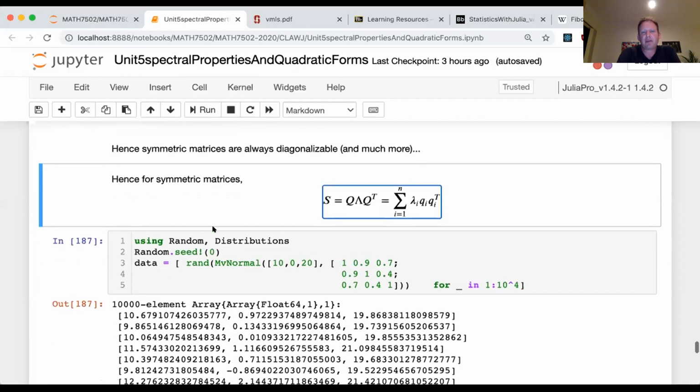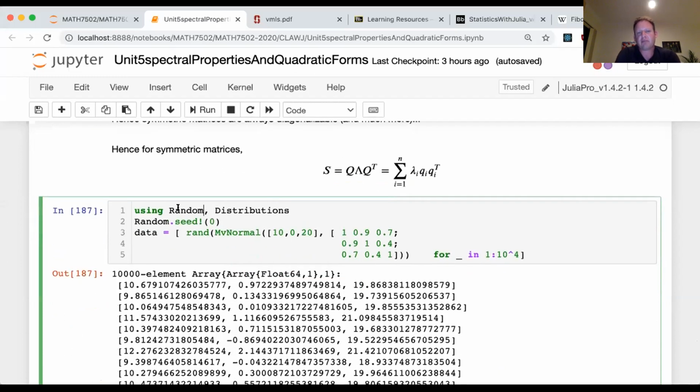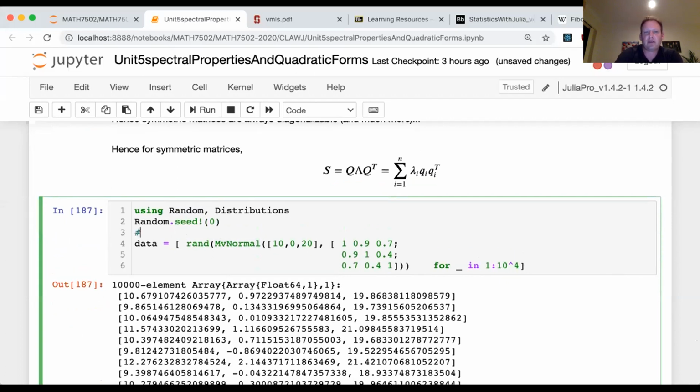So what I'm going to do here is generate synthetic data. I'm using the distributions package, and this MVNormal generates synthetic data of length 3 from a multivariate normal distribution.